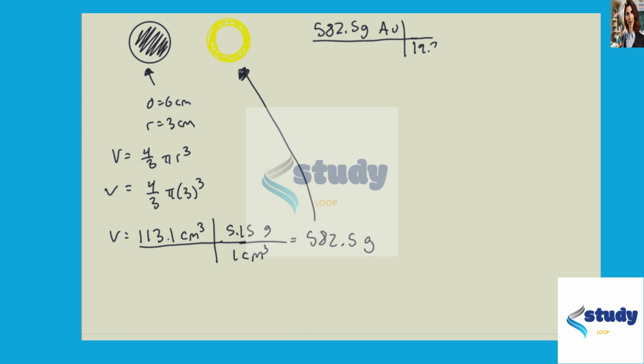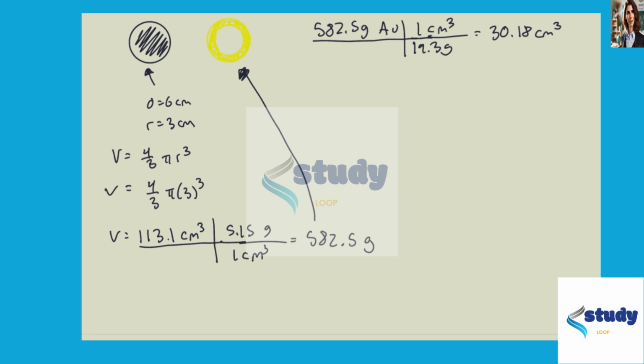So 19.3 grams of gold are in 1 cubic centimeter. So 582.5 divided by 19.3, and we get a volume of 30.18 cubic centimeters.